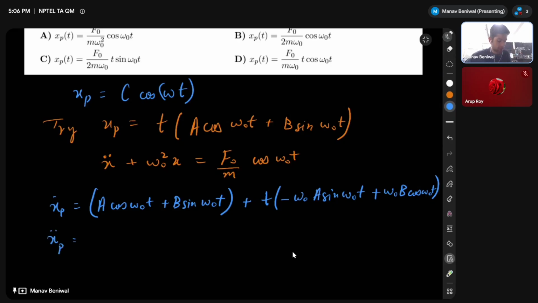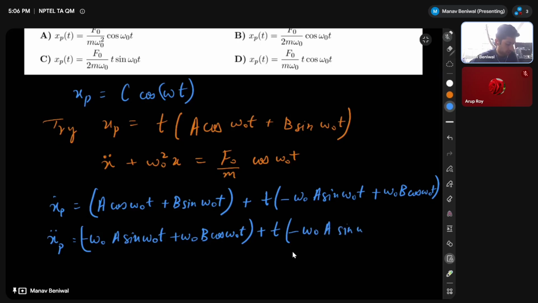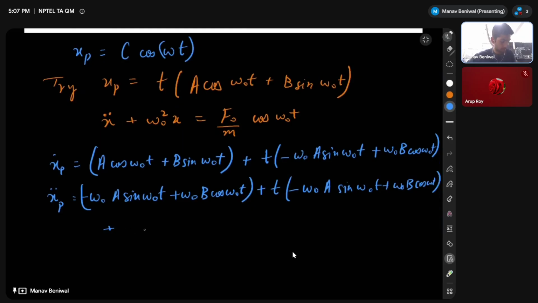If we do the second derivative, we get minus omega naught a sine omega naught t plus omega naught b cos omega naught t, plus t times this same expression, and we get one more term which is minus omega naught squared a cos omega naught t minus omega naught squared b sine omega naught t.